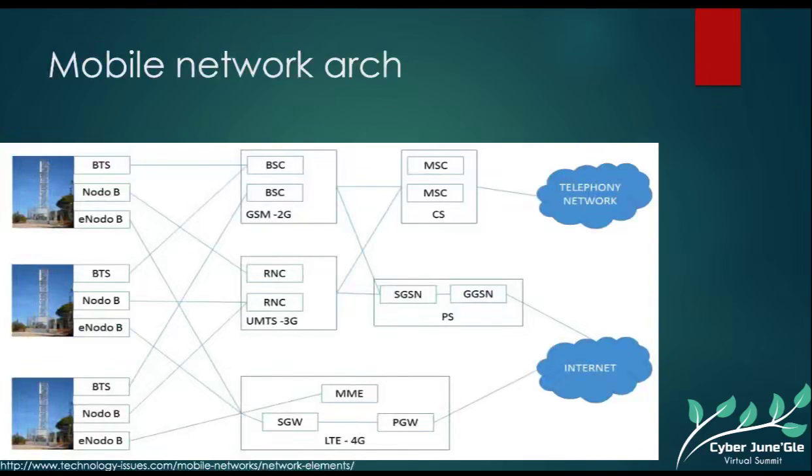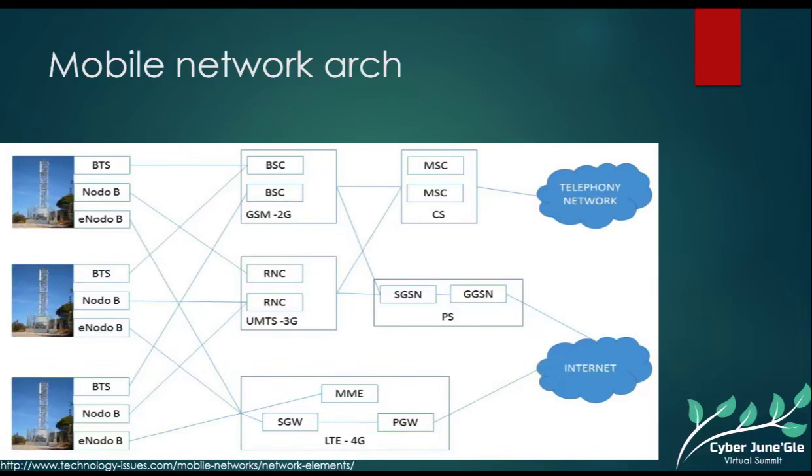For those who don't have enough background in telecommunication and mobile networks, here is the architecture of a mobile operator. Each mobile network operator, or MNO, has three main segments. The radio access network, or RAN, is responsible for all radio and baseband communications, like the connectivity from your handset or mobile phone to the tower.